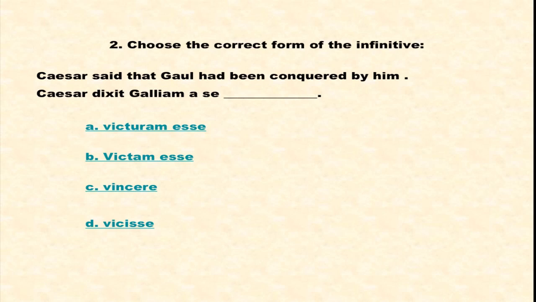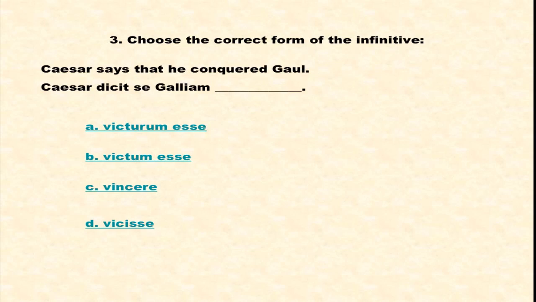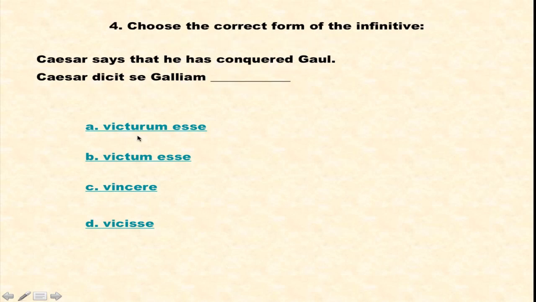Your next one, Caesar says that he conquered Gaul. He conquered, time before. It's active, so vicisse. It says the conquering happened before the saying there. Number 4, Caesar says that he has conquered Gaul.